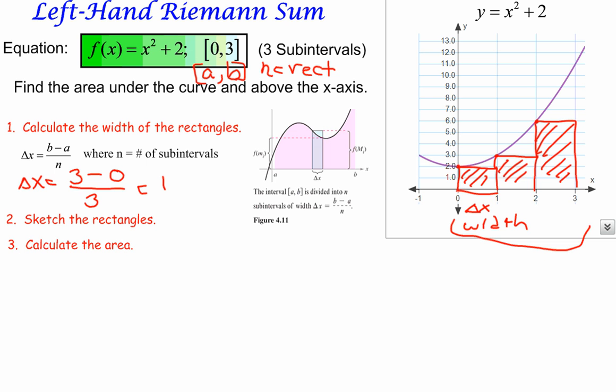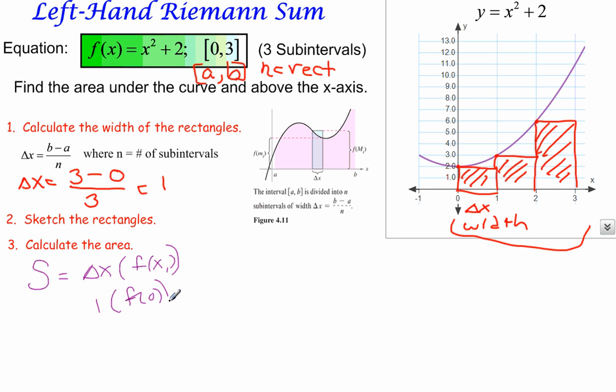I think you probably could look over there very easily and know what this is going to sum to, but I want to get across the idea. The sum is going to be equal to the width of the interval multiplied by the height of the interval. So in my first one, I'd have my x sub 1 value, in this case 0. So I would take delta x, which is 1, and multiply it by f of 0.